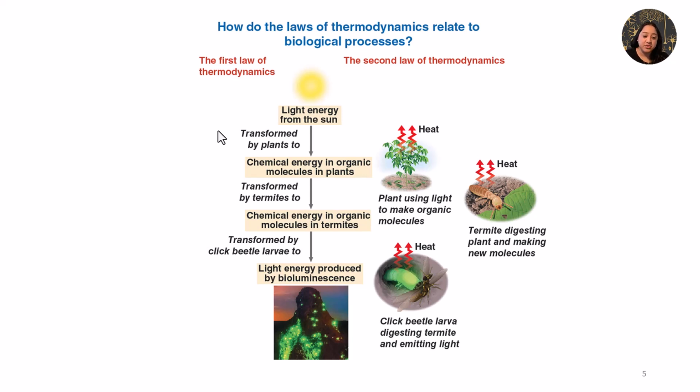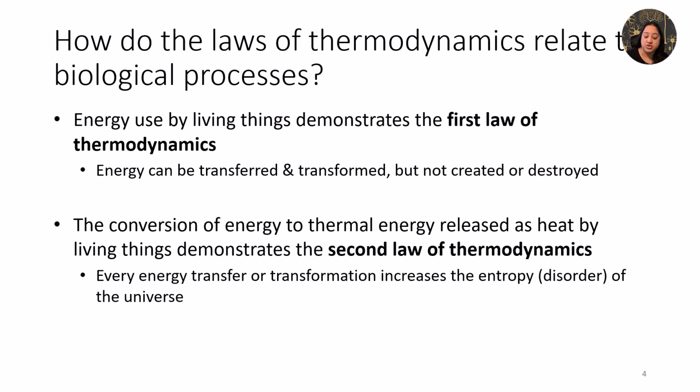In this example, they're focusing on termites. The chemical energy from the molecules in plants gets transformed by termites into chemical energy in organic molecules in the termites. And then it gets transformed again by the beetle larvae to produce energy in the form of light energy formed by bioluminescence. So that's showing how energy can be transferred or transformed, but not created or destroyed.